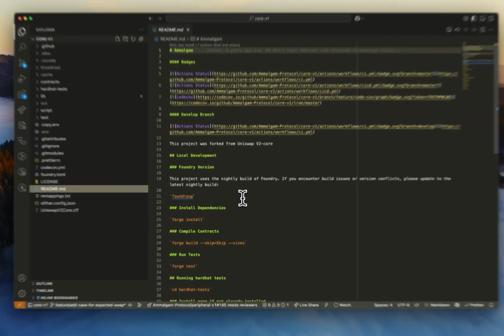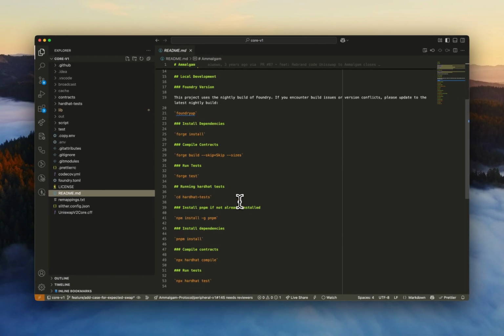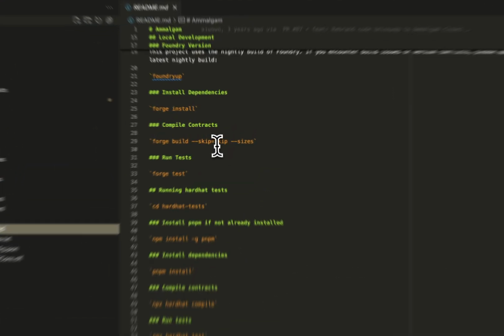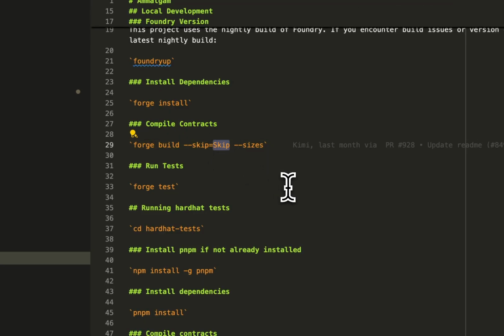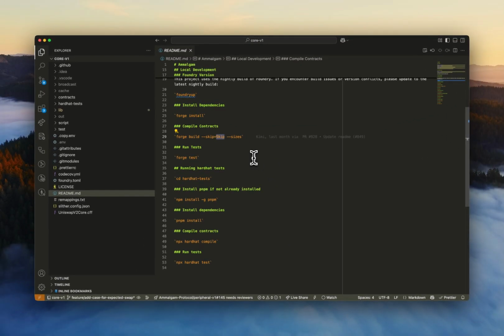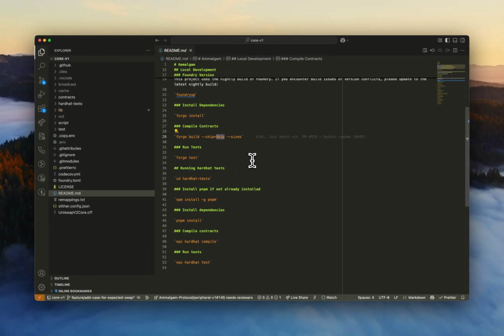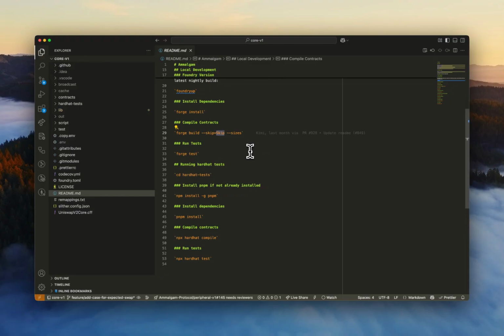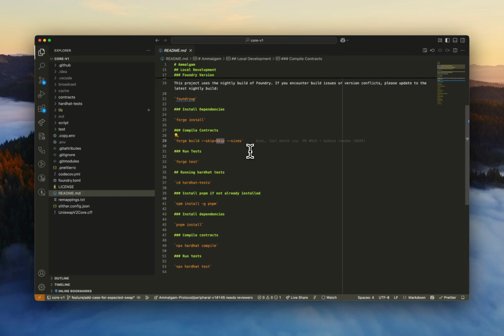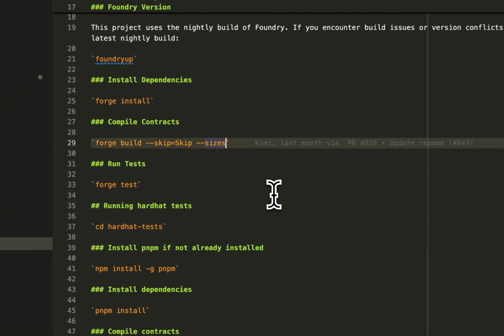First thing, just the README, some very helpful instructions. Just know there's some issues if you don't skip. This skip contract is actually something that we use in a test that doesn't compile well, so just skipping this should alleviate that issue.